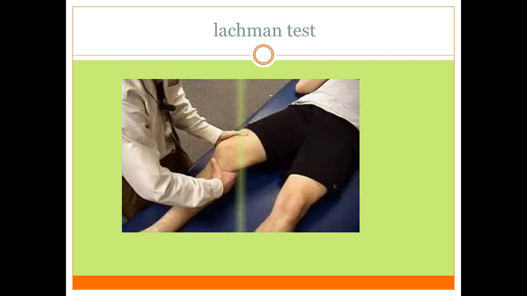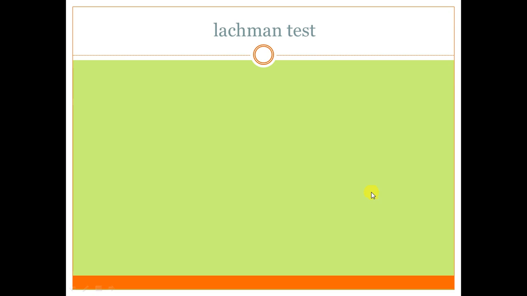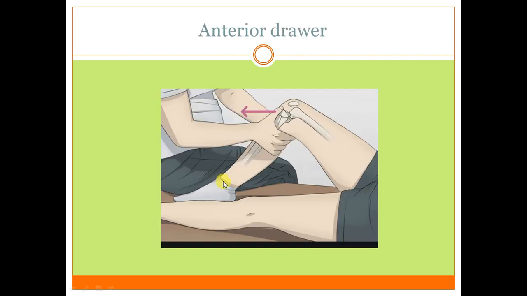More accurate is the Lachman test. Please, if she is female, don't sit on her foot. You can use your elbow here to avoid sitting on it. This is more accurate, but if she is female, you have to put your elbow.